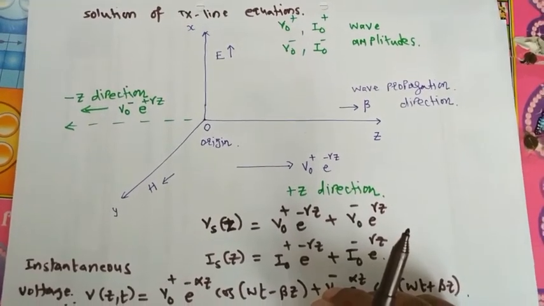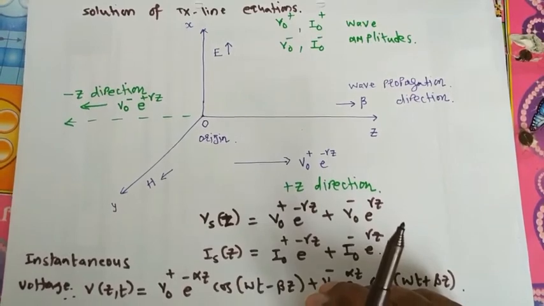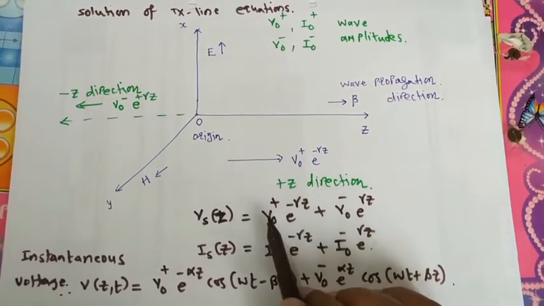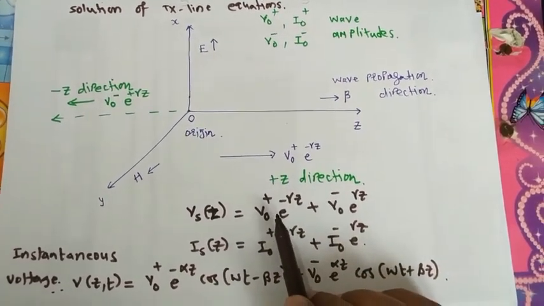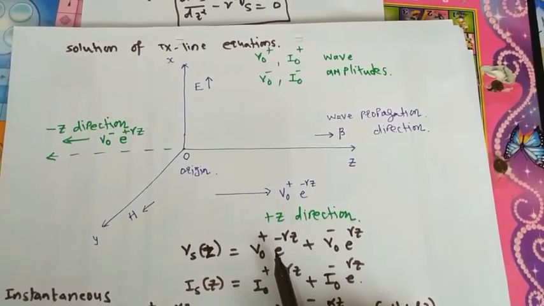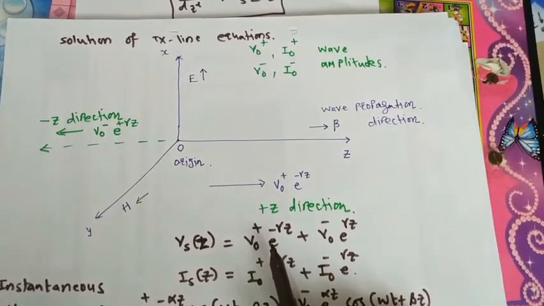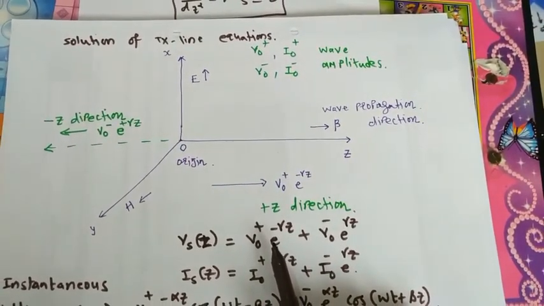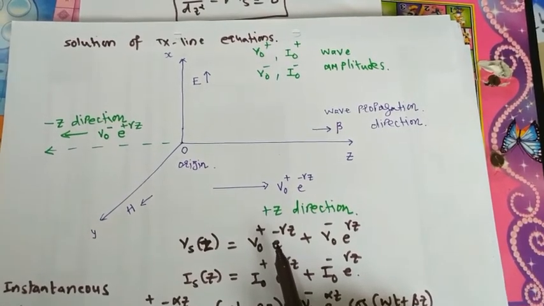After looking at the transmission line equations and its solutions, we can conclude that there are mainly two waves.